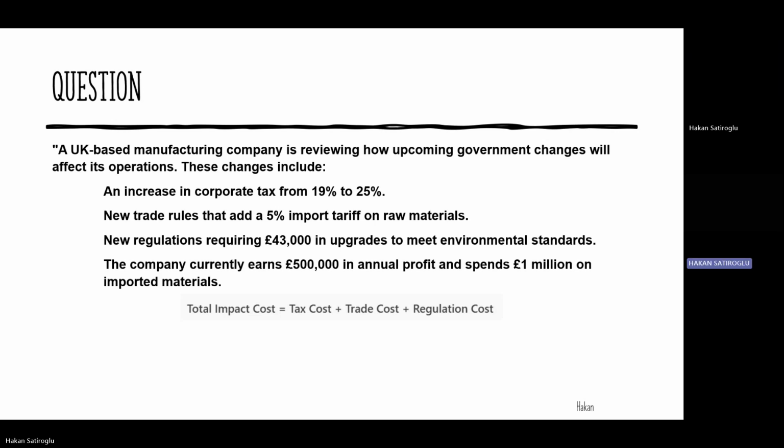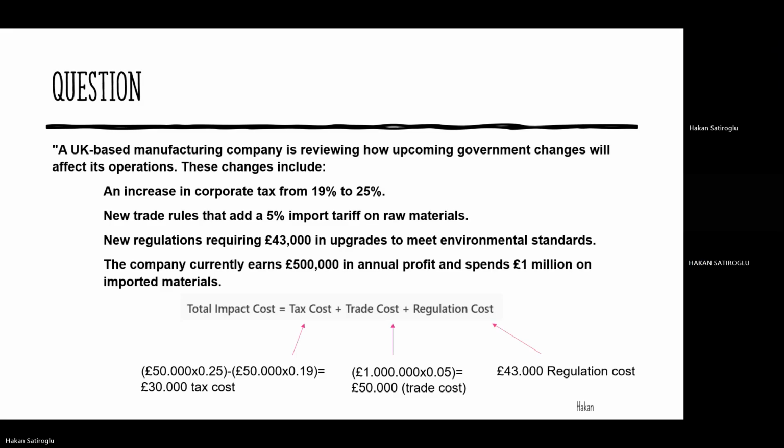Now it's going to work. 25% minus 19% corporate tax, and trade cost is £50,000, and £43,000 for the upgrades for the environmental requirements. So for all of these calculations, the total cost is going to be the sum of them, £123,000.